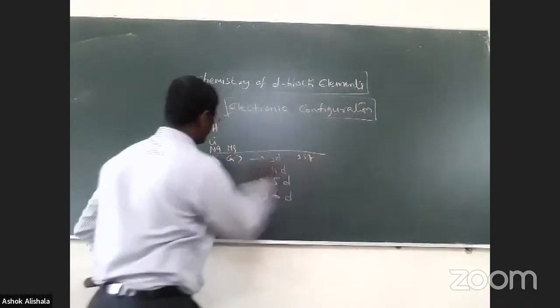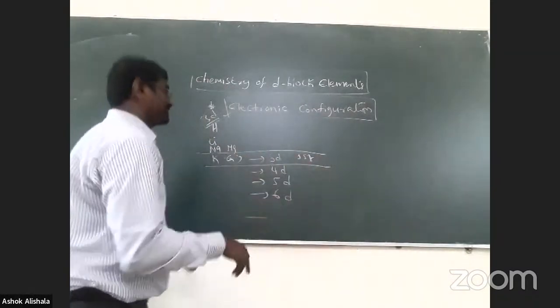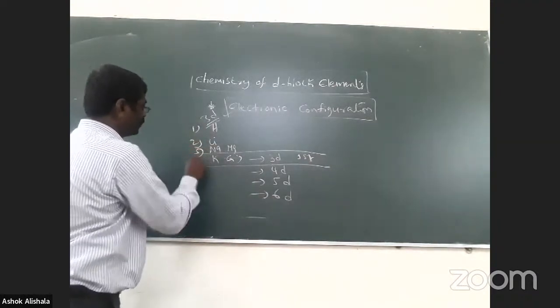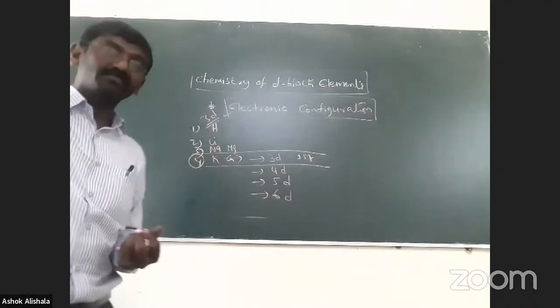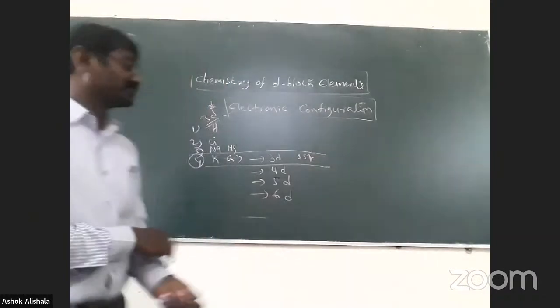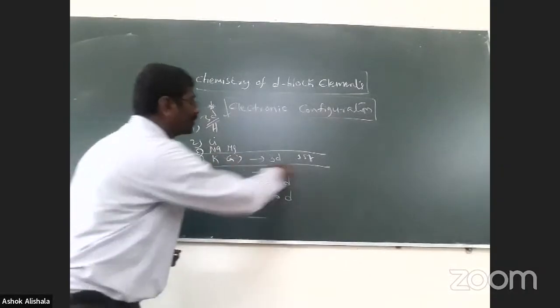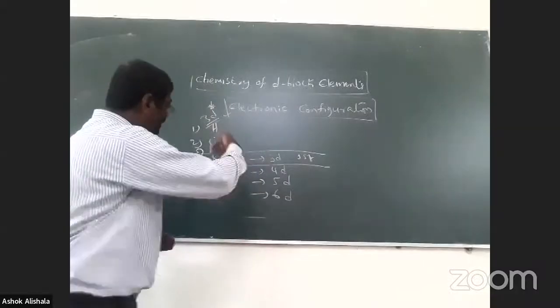So therefore, the D series starts in which period? 1, 2, 3, 4. This question may be asked once or twice. The 3D series elements exist in the fourth period. Of course, the remaining are in the subsequent periods, that is fifth, sixth, and seventh period.